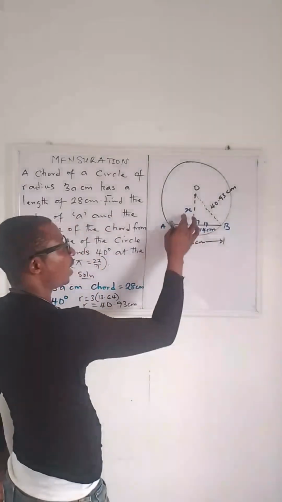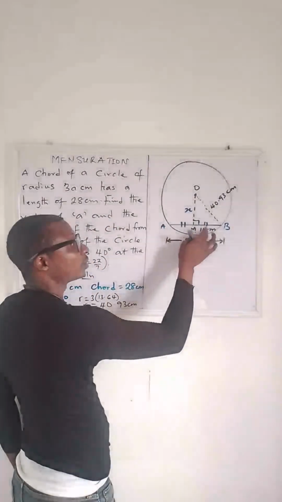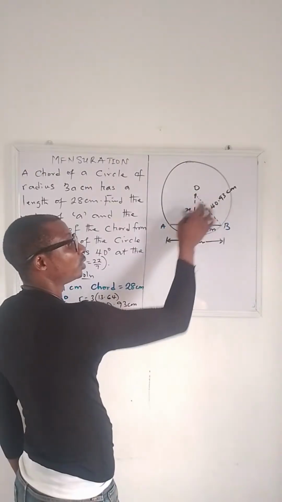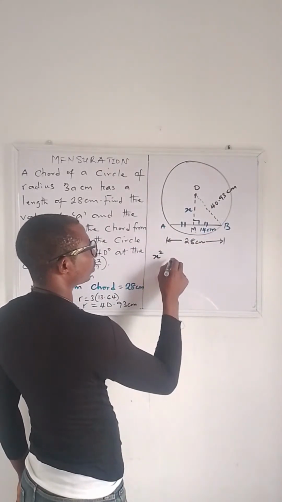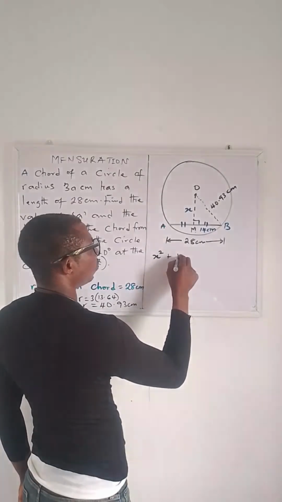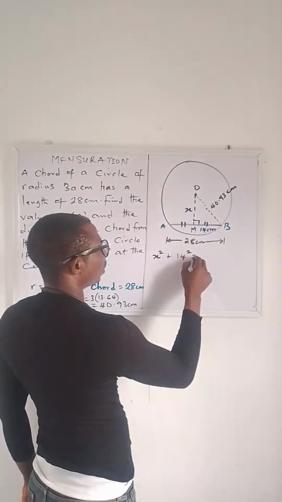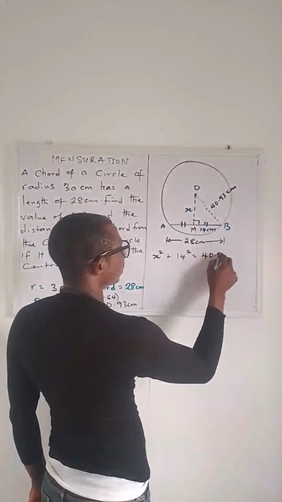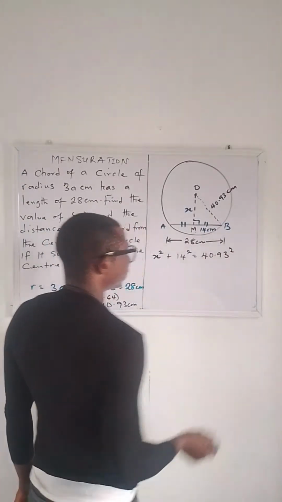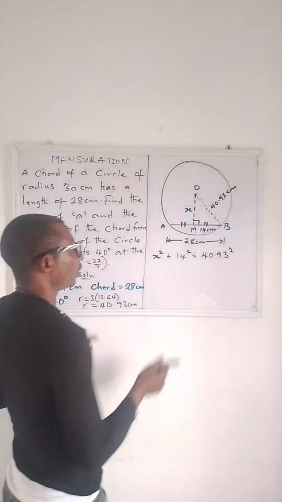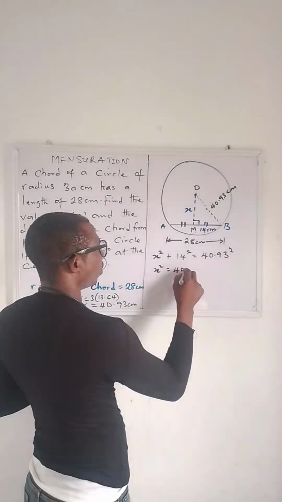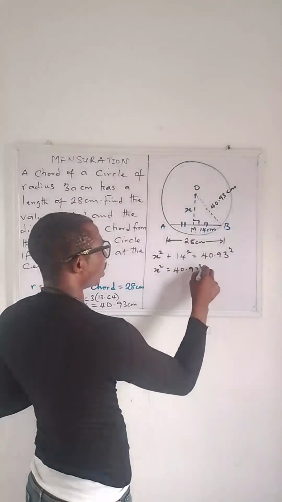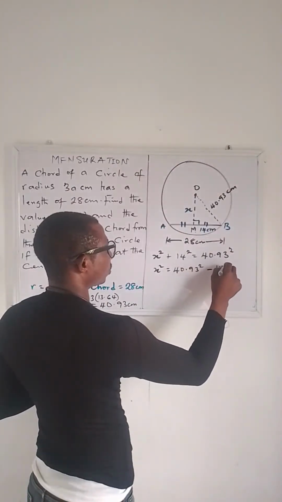If you square the sides and add them together, it's going to be equal to the square of the hypotenuse. So we have x squared plus 14 squared equals 40.93 squared. So now you have x squared equals 40.93 squared minus 14 squared.